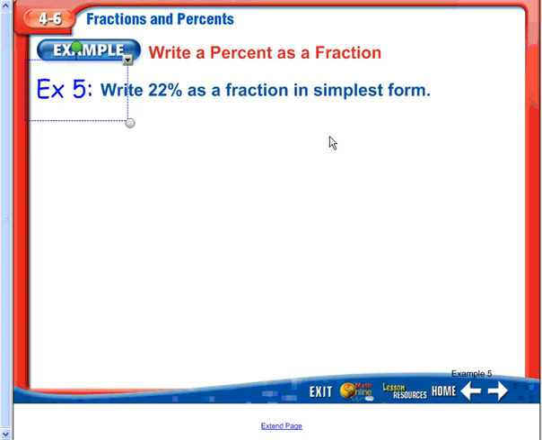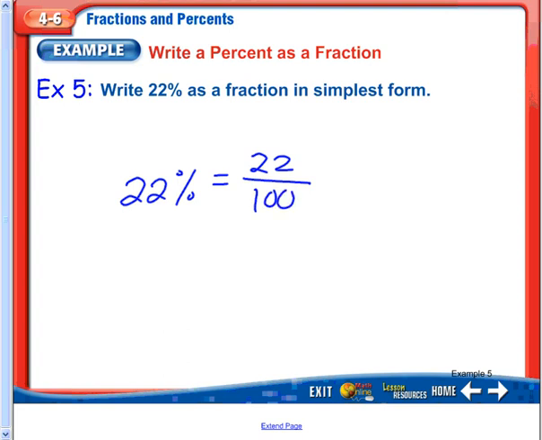Write 22% as a fraction in simplest form. Since this is n percent, I can write n over 100.